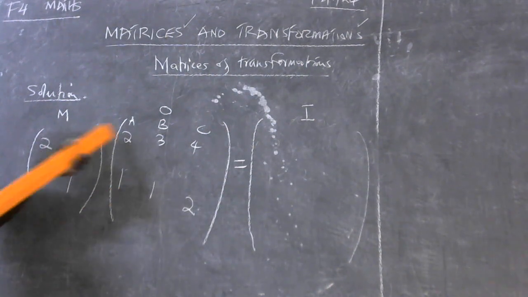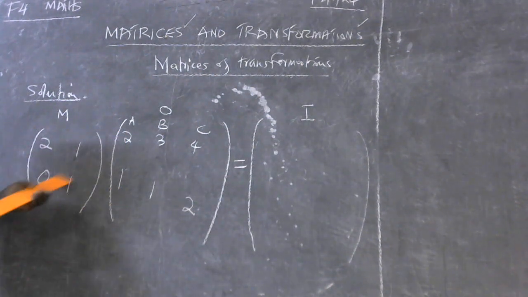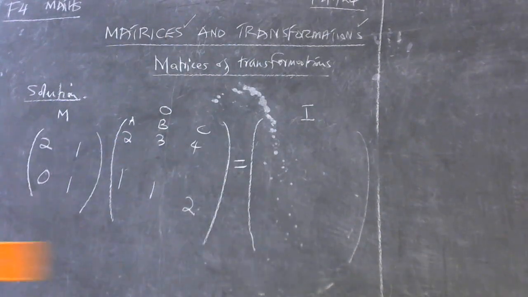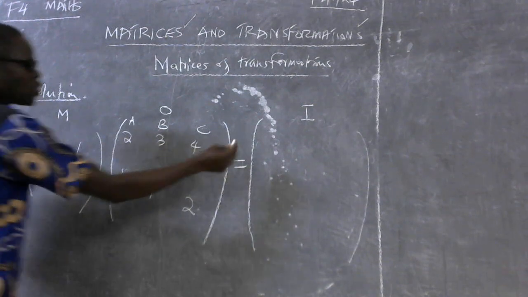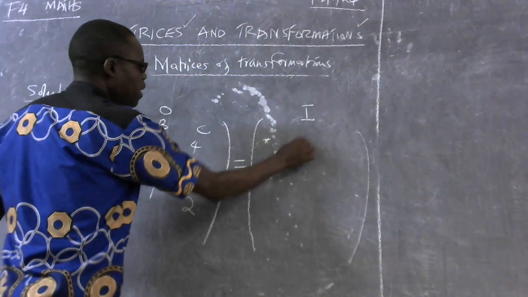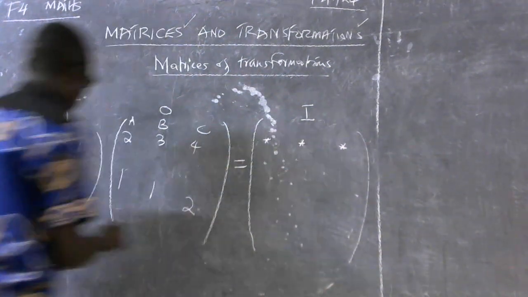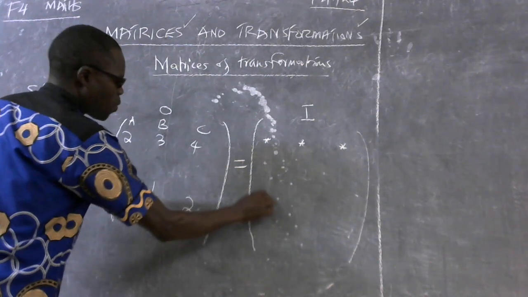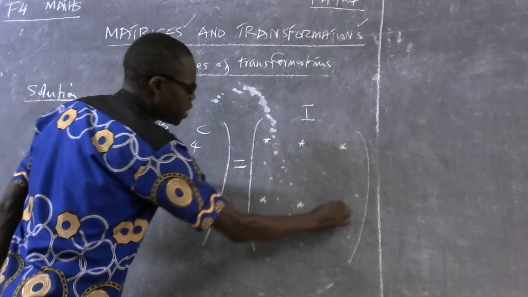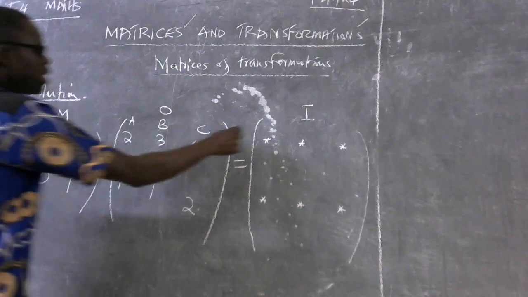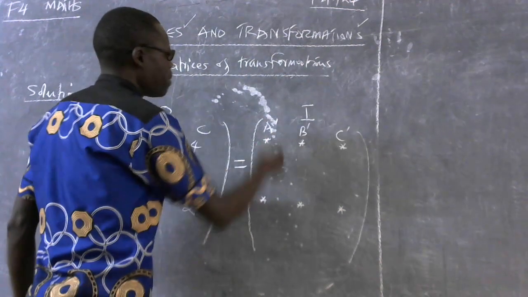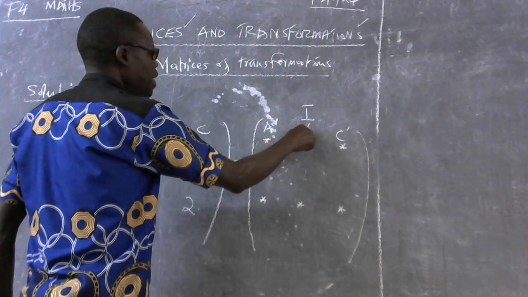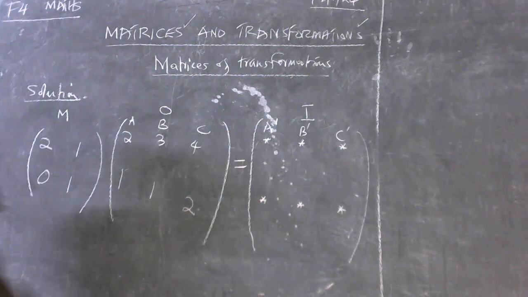As I'm seeing them, 1, 2, 3, and then 1, 2, 3. This one is A, B, C. It will come to A prime, B prime, C prime. This is the image: A image, B image, C image.